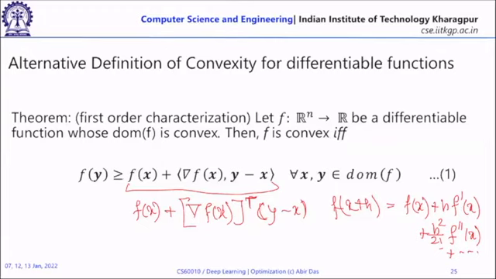When you translate it to multiple variables, these products get replaced with matrix or vector products. Particularly this term is h transpose grad f of x.